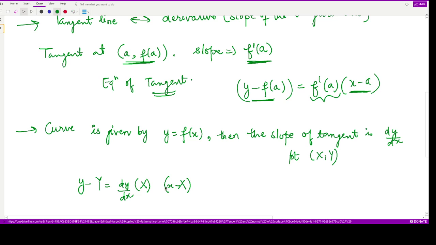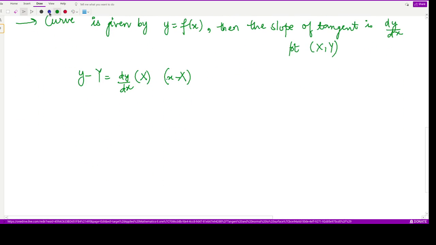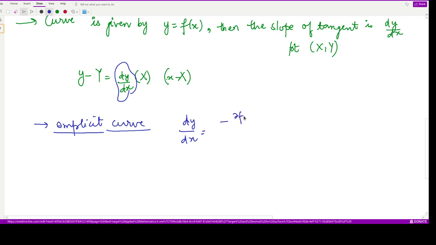And if the given curve is an implicit curve, we have just seen for the implicit curve or function what the value of this derivative is. This derivative dy by dx is equal to minus the partial derivative with respect to x of the function f, because your function f of x, y is given to be some implicit function, divided by del f by del y.